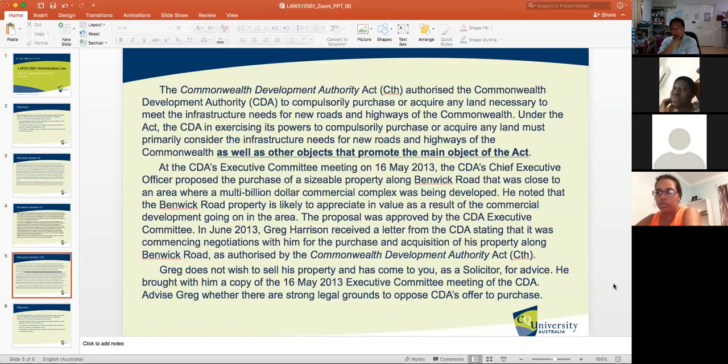The problem with this particular factual scenario, which was covered by the High Court in the case of Hanif versus Minister for Immigration, is that not all decisions of the Minister for Immigration can actually come before the Administrative Appeals Tribunal.